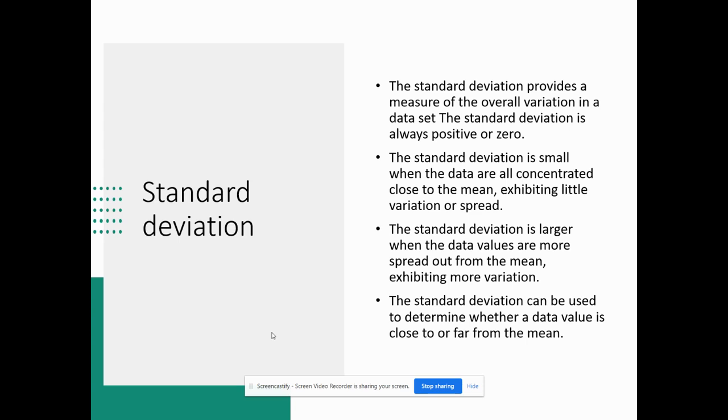So I can roughly think of 68% of the data as being between 8 and 12, because my mean was 10 and my standard deviation was 2. To get the lower side of my mean, I do 10 minus 2 is 8. To get the upper side, I do 10 plus 2 is 12. And that's how it works.